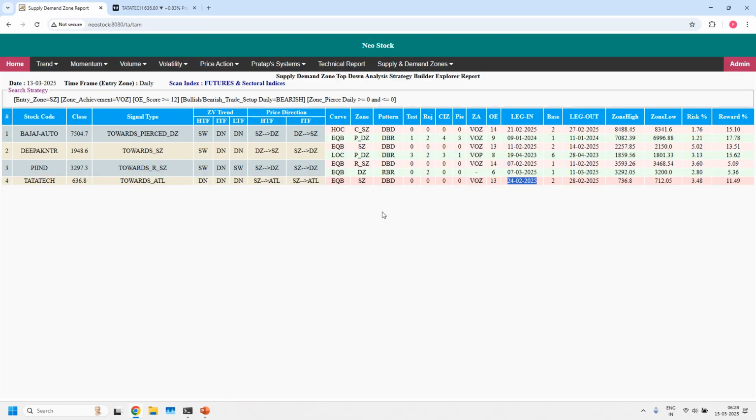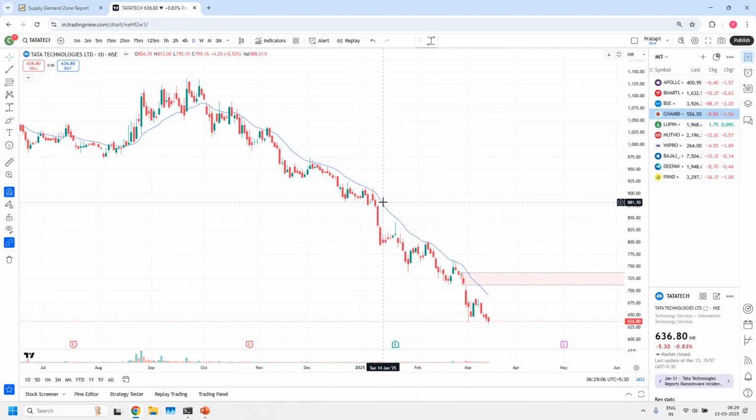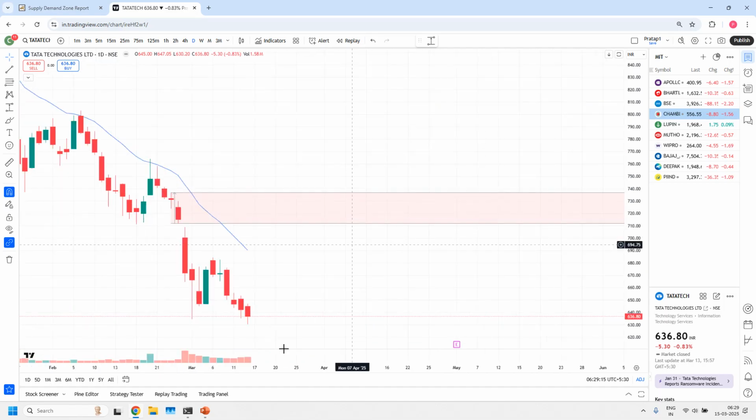Okay, what is the target? Sorry, this does not have a demand zone, so the target will be the all-time low. At the time prices reach this zone, whatever is the all-time low, that is the target. See, already there is a drop, three base candles are there, and now a rally candle is created. Immediately what happens?